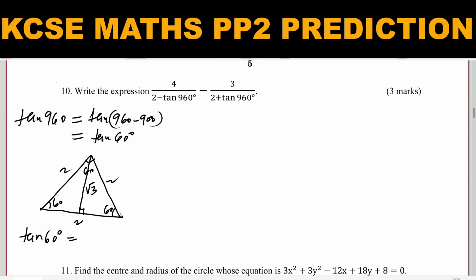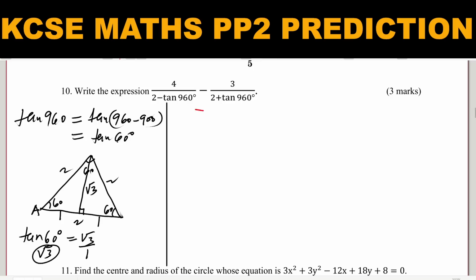You can use this one that is here at A. So tan of 60 is opposite over adjacent. So this will be 1 and this one will be 1. So it will be root of 3 divided by 1. So this will give root of 3. So therefore, tan of 60 is root of 3.